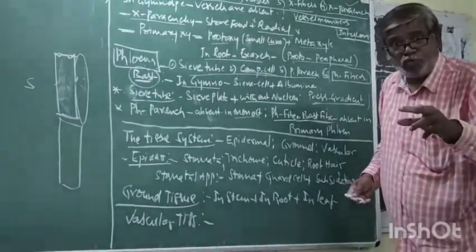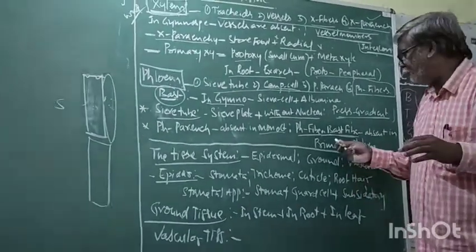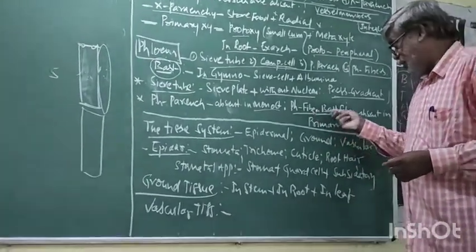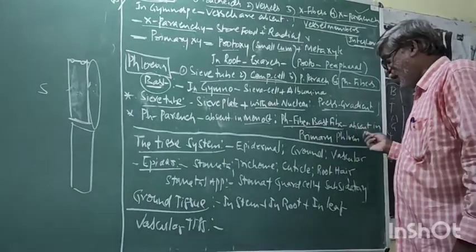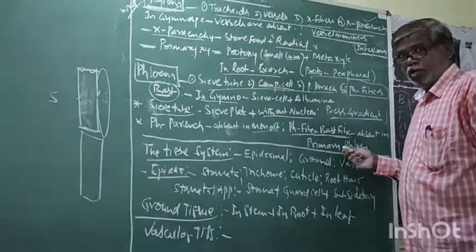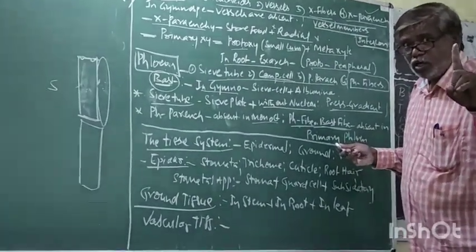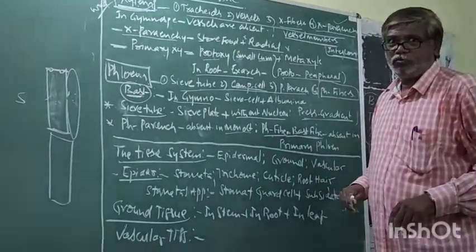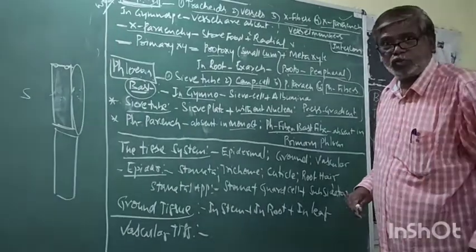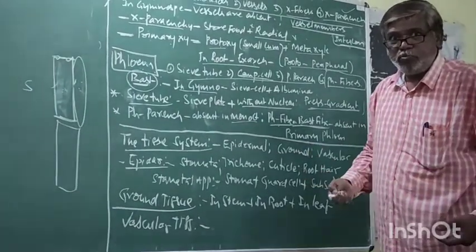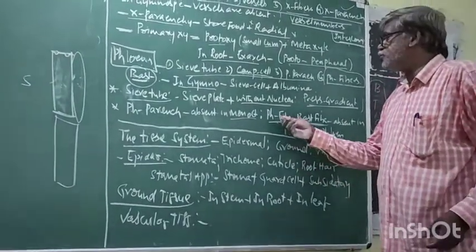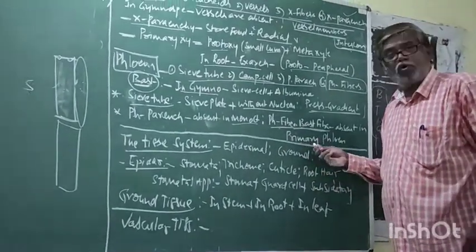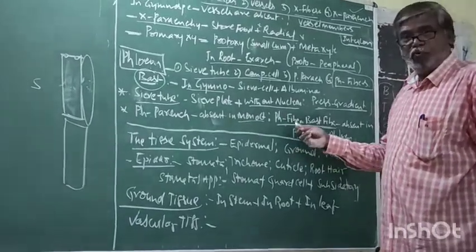That means phloem is of two types: early phloem, primary, and late phloem, secondary. The primary phloem does not contain phloem fibers. If you take a dicot plant and see its phloem under the microscope, and phloem fibers are there, then the phloem is secondary, because primary phloem does not contain phloem fibers.